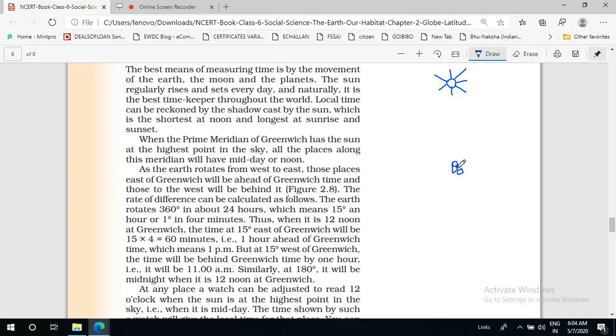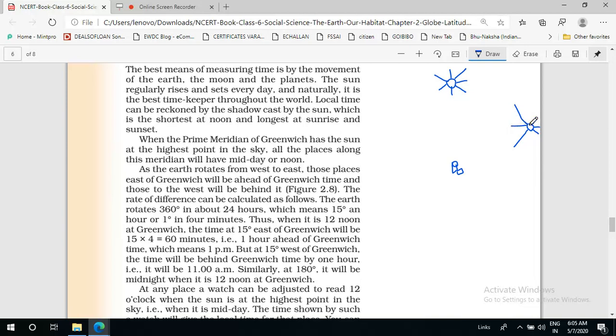This is the shadow. Okay, and suppose the sun is at this place, it is rising in the east direction, it has started to rise, then the shadow of the things or the people will be the longest because of the direction of the light.